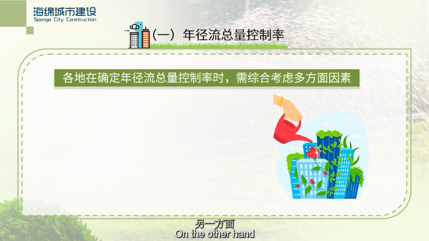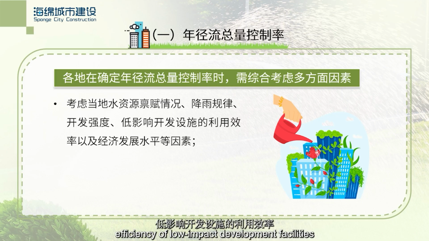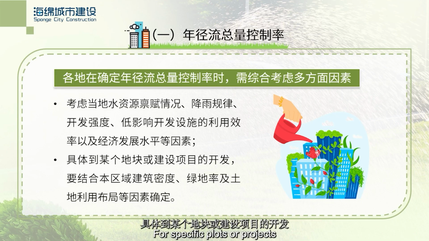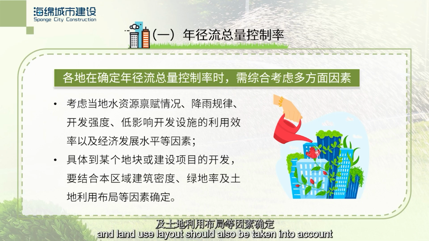On the other hand, local water resources, rainfall patterns, development intensity, efficiency of low-impact development facilities, and economic development levels must also be considered. For specific plots or projects, factors like building density, green space ratio, and land use layout should also be taken into account.